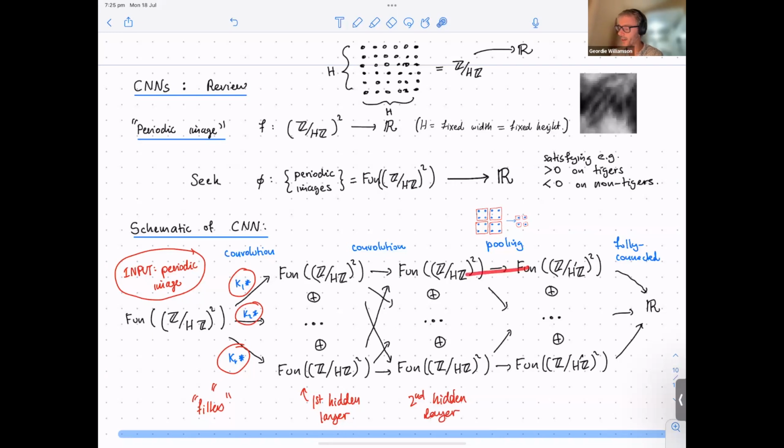Then we might do some kind of pooling operation, for example max pooling, which would replace each block by its maximum entry. In what follows, I'm going to ignore this bit.